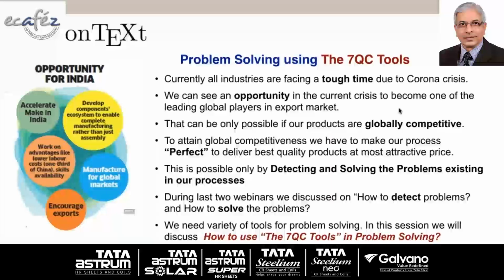Today, there are many advanced tools and software. But I have personally seen in Japan that every operator is fully conversant with these 7 QC tools, they have mastered them, and they use them. I'm again telling you, not just supervisors and engineers, but every operator is conversant with the 7 QC tools and how to use them, and they use them in their daily work to solve problems.